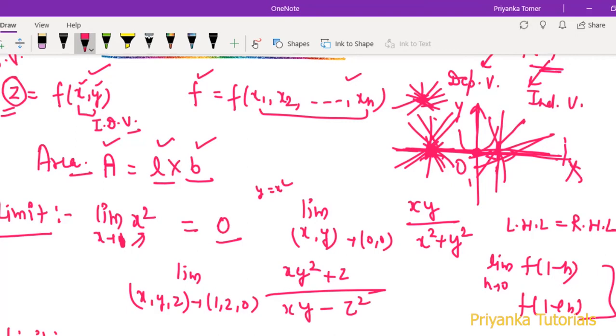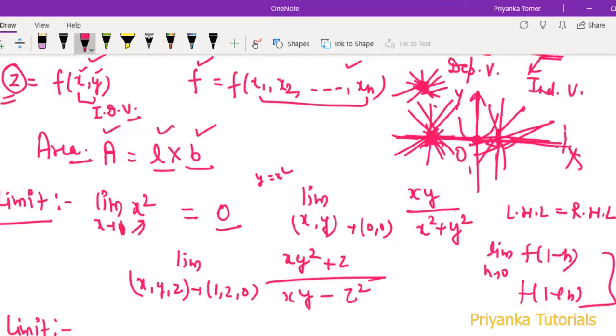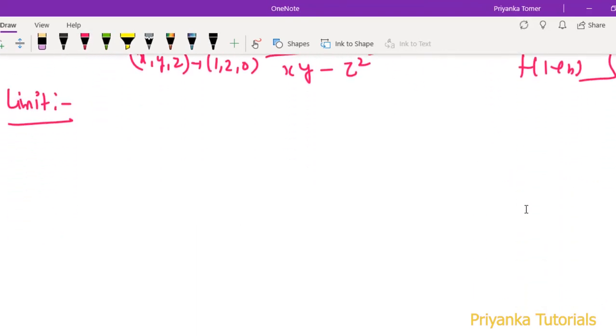And the thing is that you have to check the limit with respect to each and every path coming to that point. If the value is the same for all the paths at that point, only in that case can we say that the limit exists for that point. Otherwise, if some path exists whose value for the function is not the same as the other paths have, then in that case the limit doesn't exist, right? So the same concept we are using here in 2D.